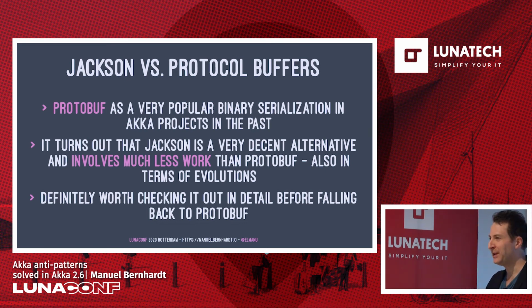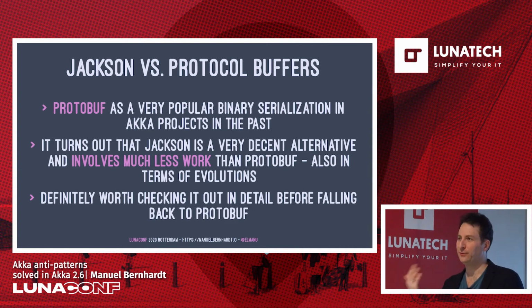And I'm putting this out there because the default go-to solution prior to 2.6 that I've seen everyone doing is protocol buffers. And protocol buffers are nice, but if your system only stays inside of Akka, or at least inside of the JVM, they're quite expensive to maintain and to write and so on and so forth.